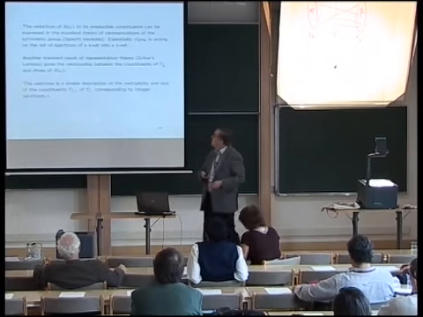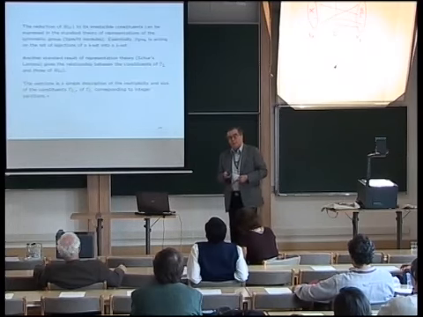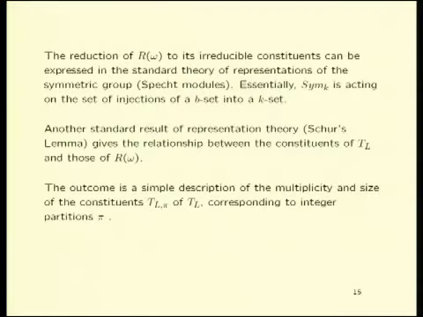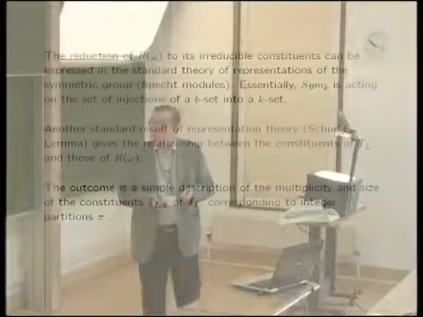Now, those who've done symmetric group representations will know a bit of this theory, which I'm just going to gloss over. But the outcome of it is that we can find the constituents, which are what I had for the very simple case at the beginning, in all these cases, and they correspond to representations of the symmetric group.